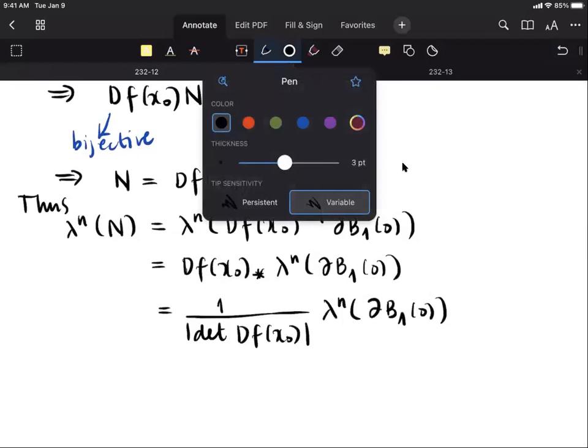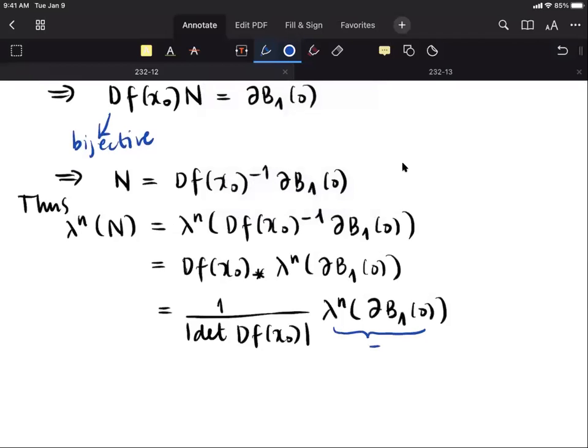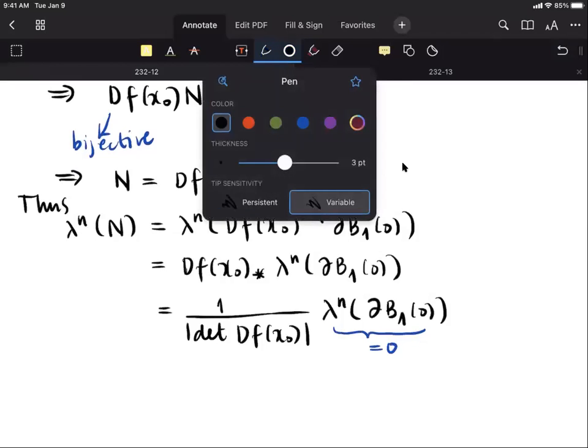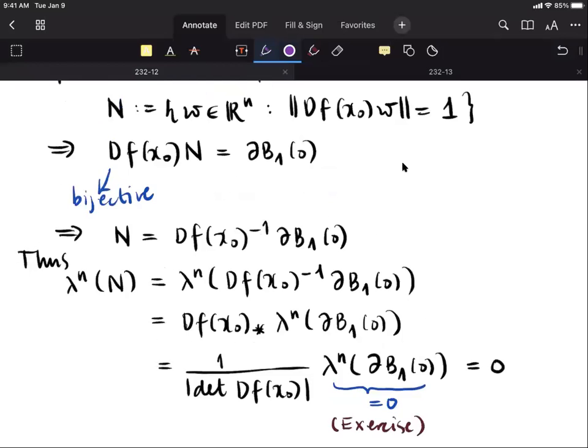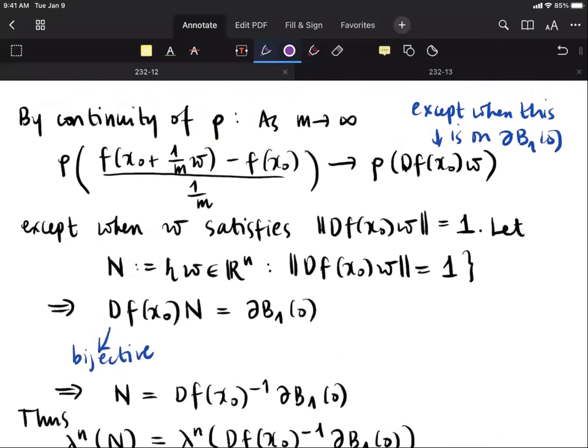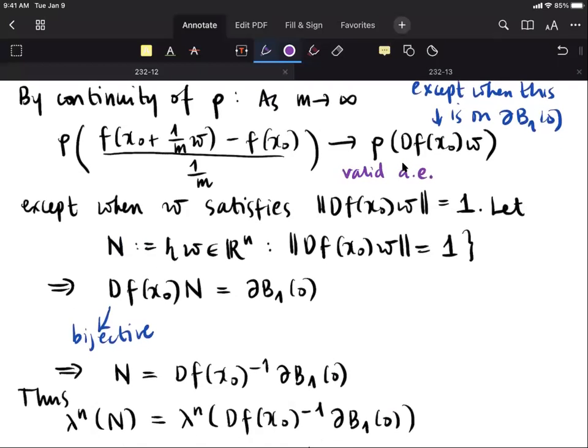However, this is equal to 0. This is an exercise in the previous chapters, so you can look at this. So this is 0. Therefore, this convergence is valid almost everywhere, since the set of points where the convergence does not hold, that is precisely N, has measure 0.